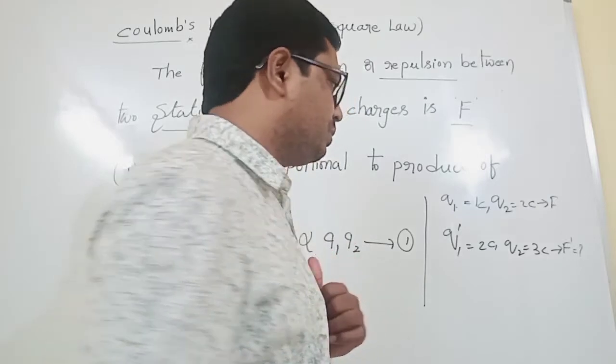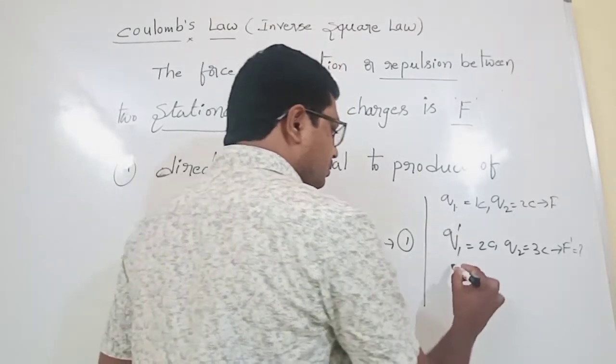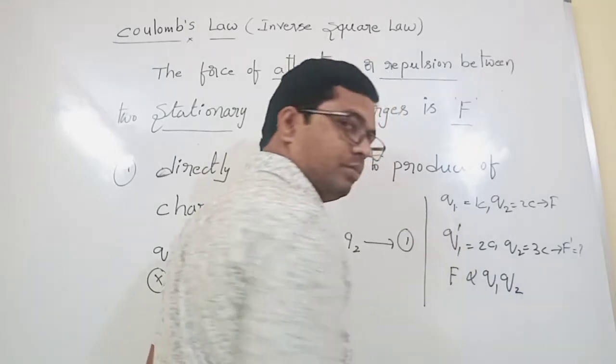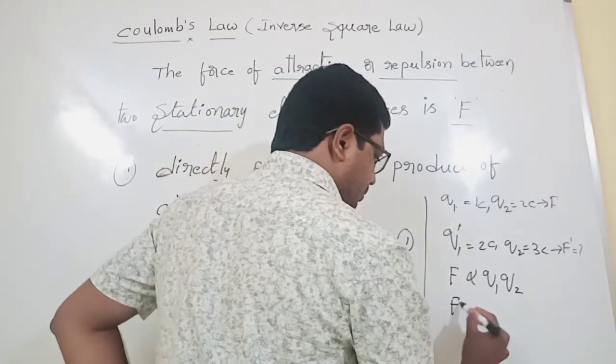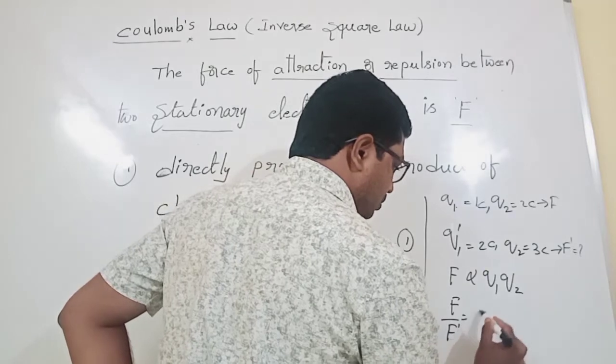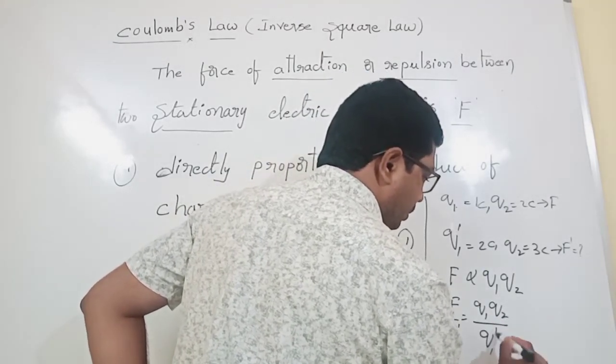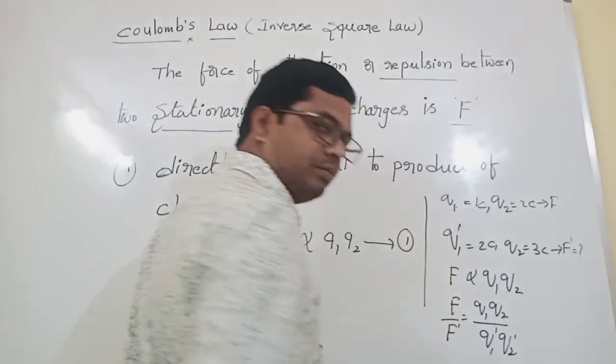F is directly proportional to Q1 Q2, so F by F dash is equal to Q1 Q2 divided by Q1 dash into Q2 dash.